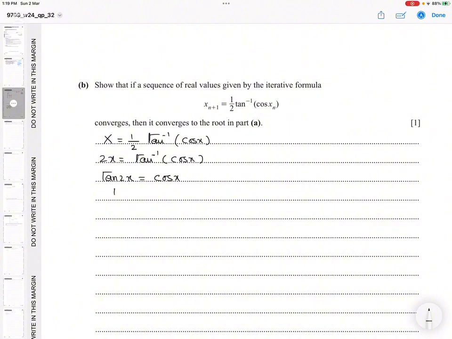So I can write 1 over tan of 2x on both sides equals 1 over cos of x. So 1 over tan of 2x is cot of 2x, and 1 over cos is secant x. So I can write now shown. This part was of 1 mark only.